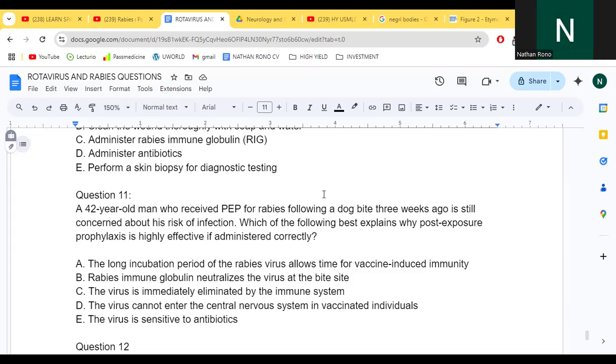Okay, good. The long incubation period of rabies, which is 1 to 3 months, allows time for vaccine-induced immunity. So that's why PEP is very effective.